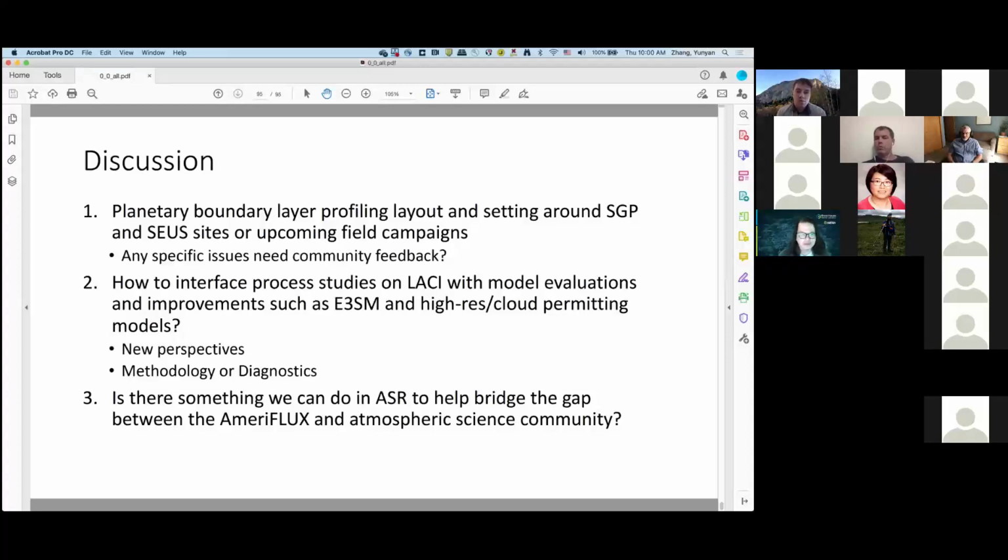There's quite a large terrain effect from that. So I requested regular RHI scans, a few minutes every hour, in that sector.